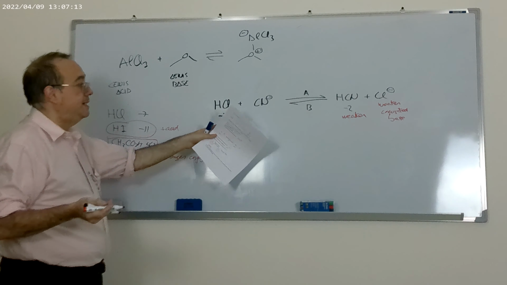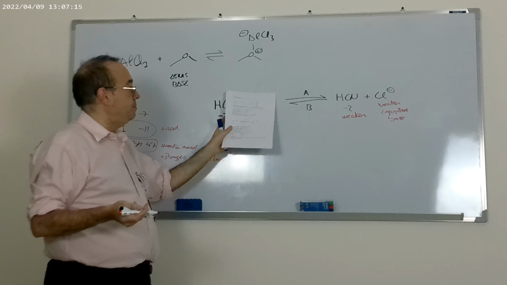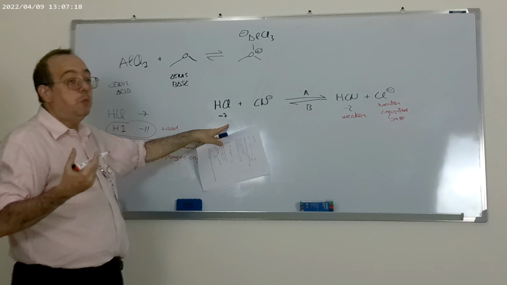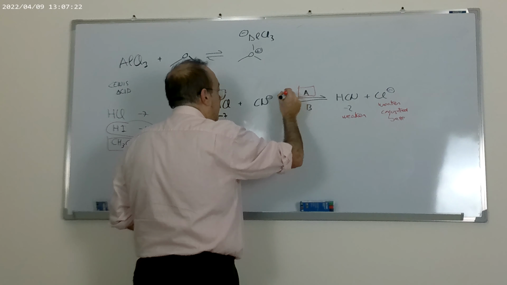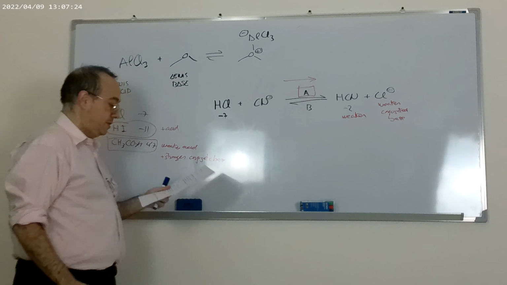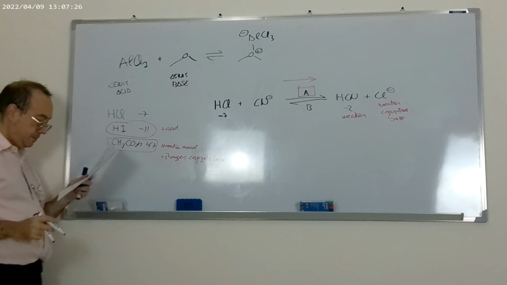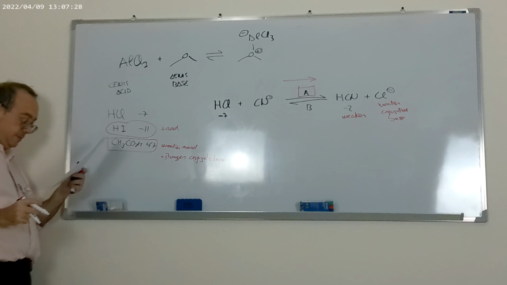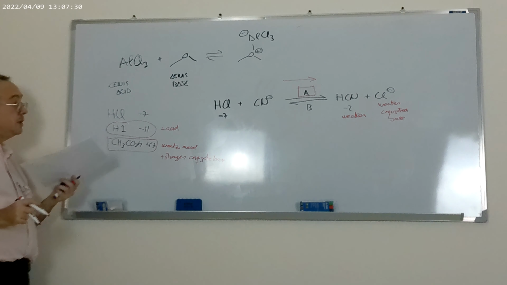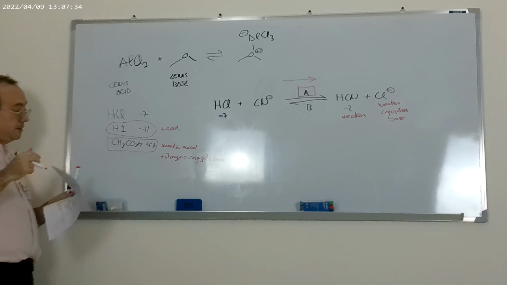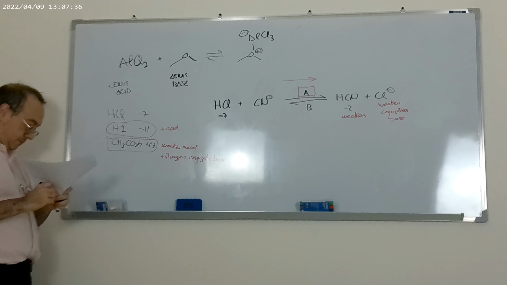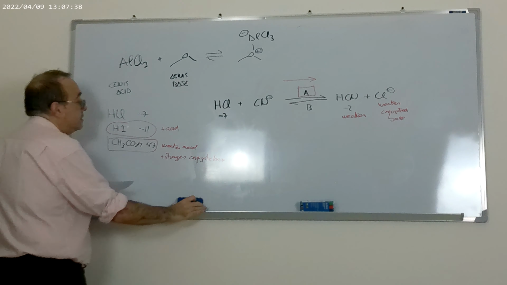Well, if the stronger acid is in this position, it means that this acid will have more tendency to give the proton. That means that the reaction will go in this direction. Okay? Good. We go for the next question.